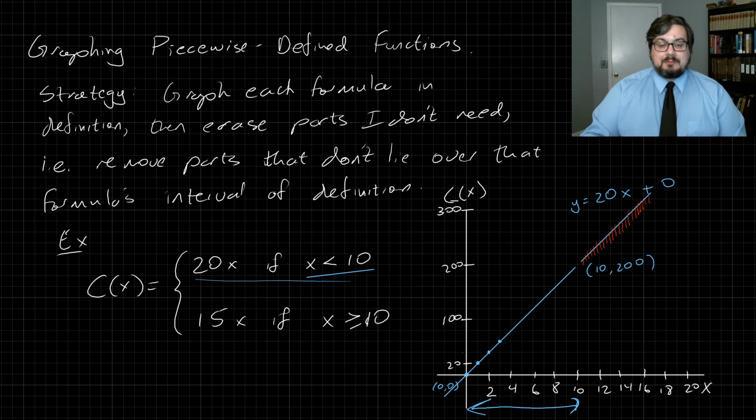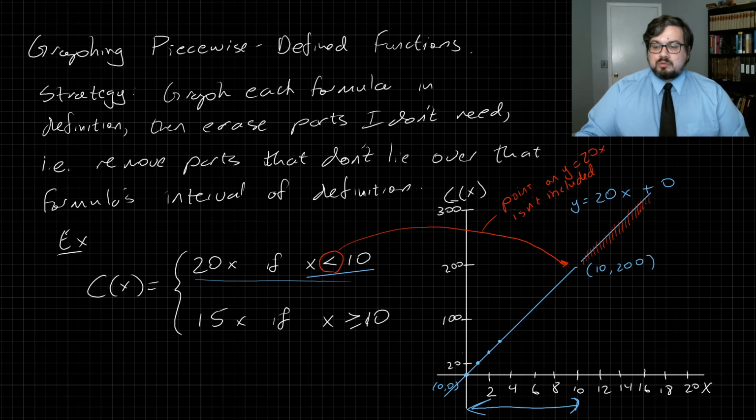And we can read that from the fact that this is a less than symbol. So the less than symbol means that the point on the graph of y equals 20x isn't included, because the blue line only applies when the values of x are strictly less than 10 but not actually equal to 10.